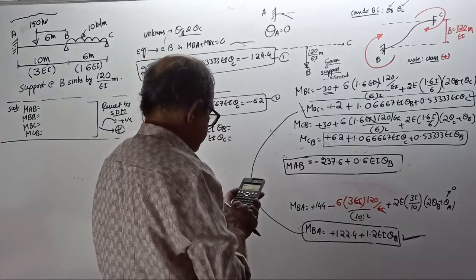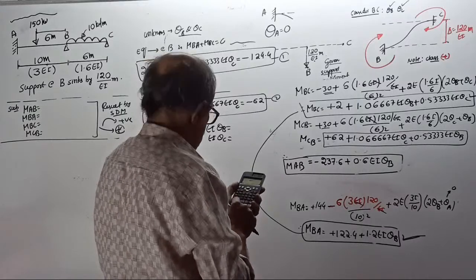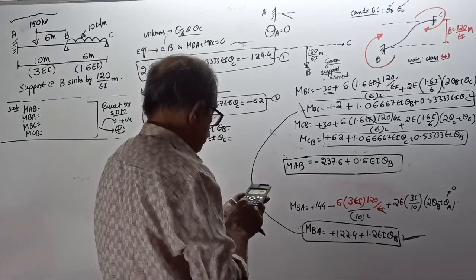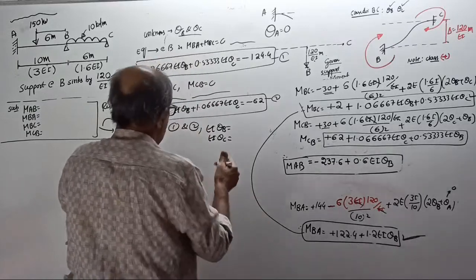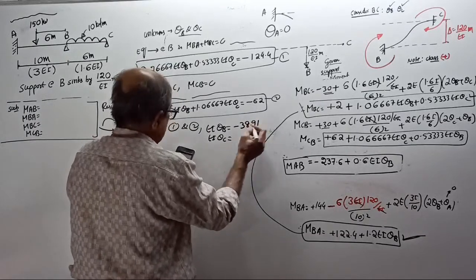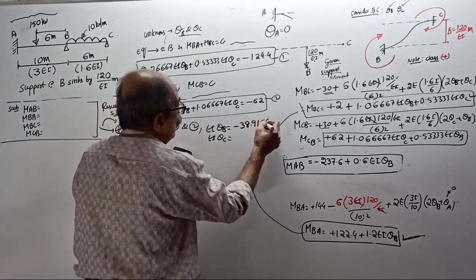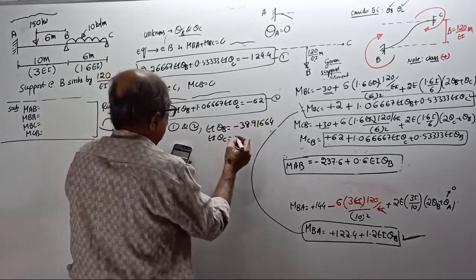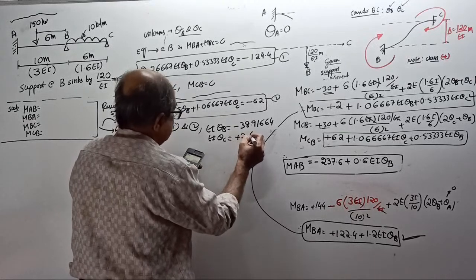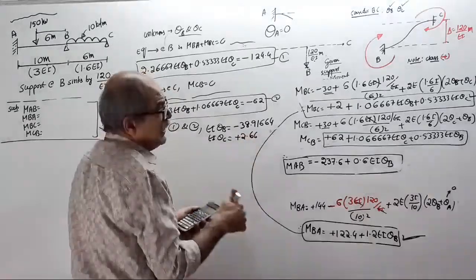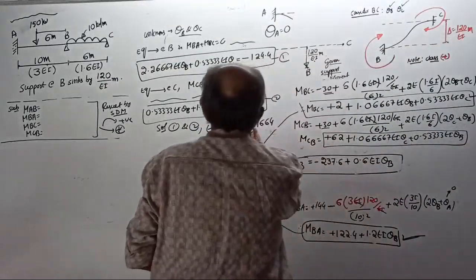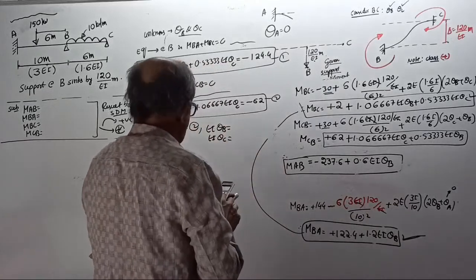Then 0.53333, 1.06667, minus 62, equal to minus 38.91664, and other one is plus 2.66. Oh yeah, no, something went wrong. Tell the answer. Something wrong. Once again, solve.